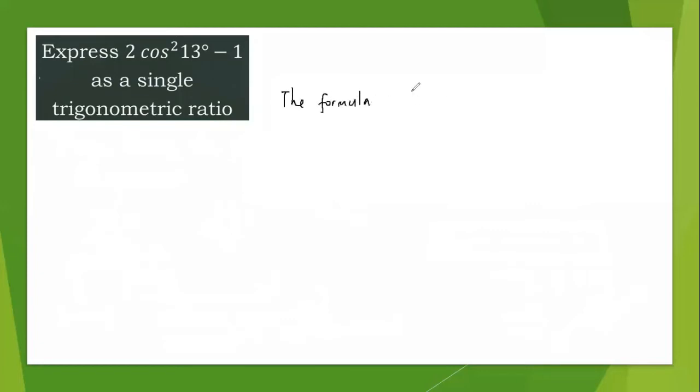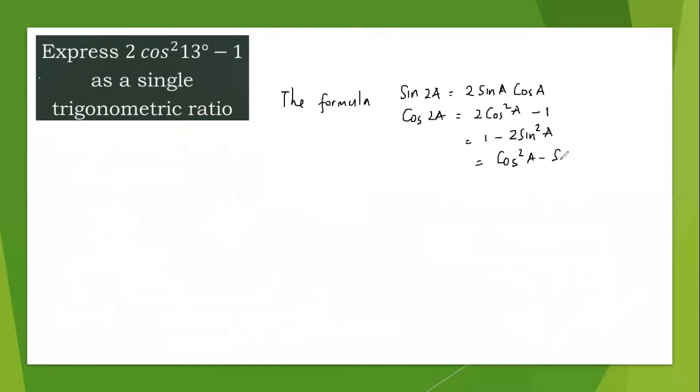The formula to remember. Sine 2A equals 2 sine A cosine A, right? And then cosine 2A equals 2 cosine squared A minus 1, or 1 minus 2 sine squared A, or cosine squared A minus sine squared A. Right?